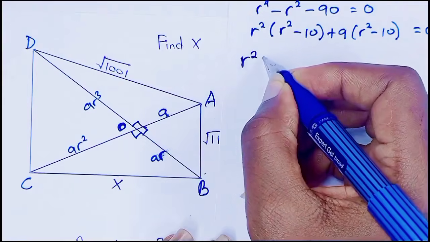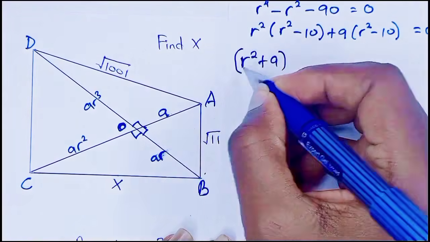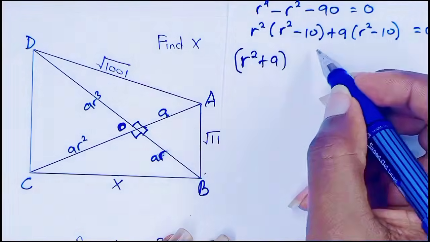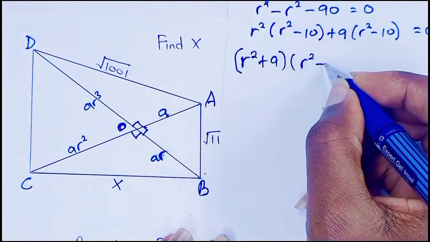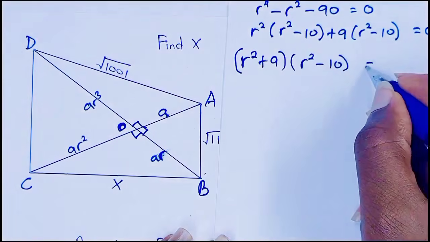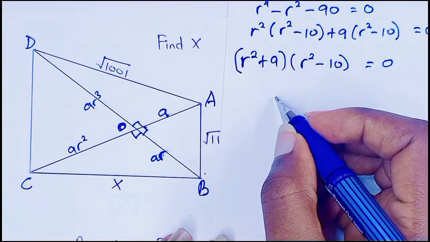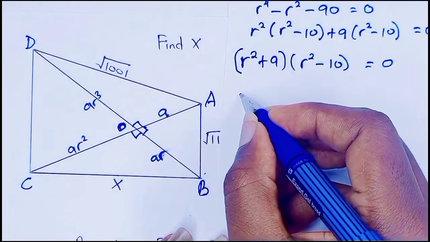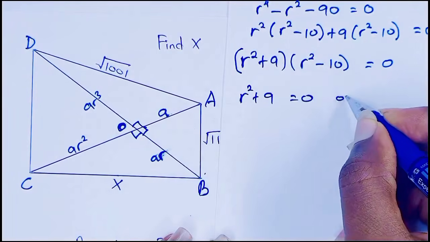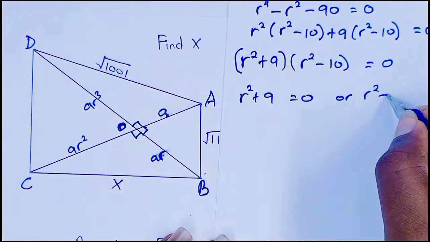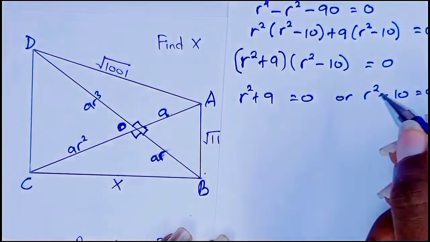So we shall have R squared plus 9 into R squared minus 10 is equal to 0. So either R squared plus 9 is equal to 0 or R squared minus 10 is equal to 0.